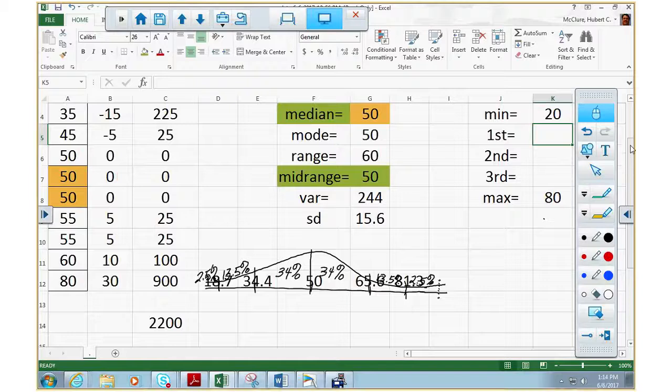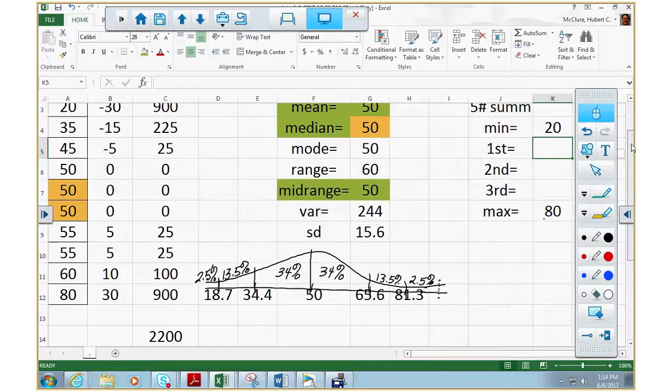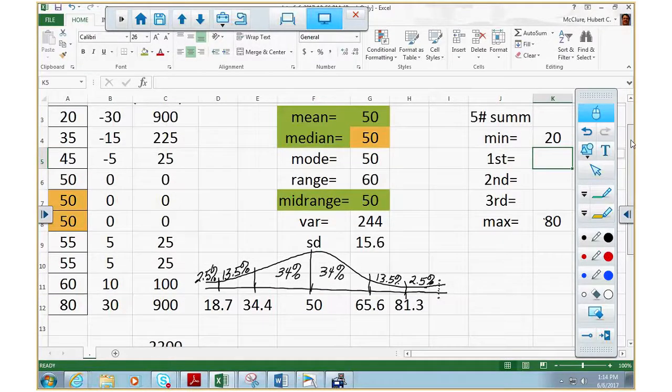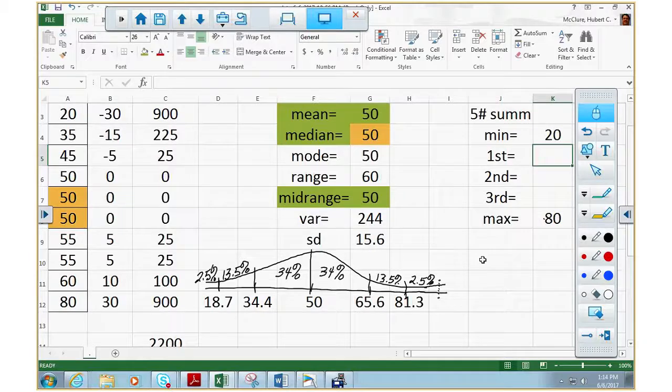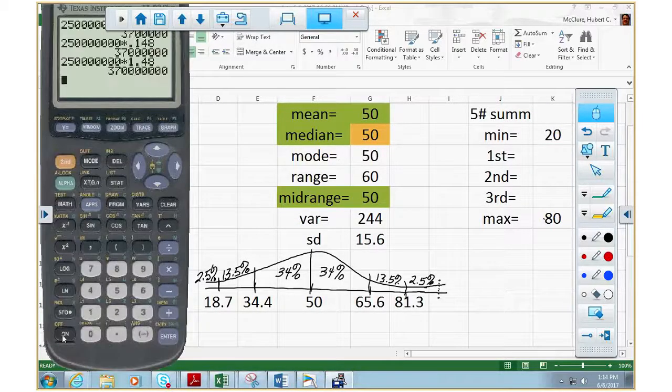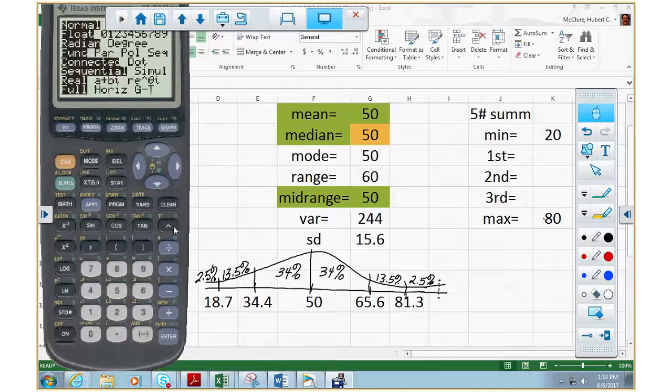Go hit mode on your calculator. Everybody hit mode on your calculator, and I'll show you this. It's usually safe to have it on there. Hit mode, then go hit float, and enter. Make sure all yours are on float, because that makes sure it just carries it to whatever digit's important.